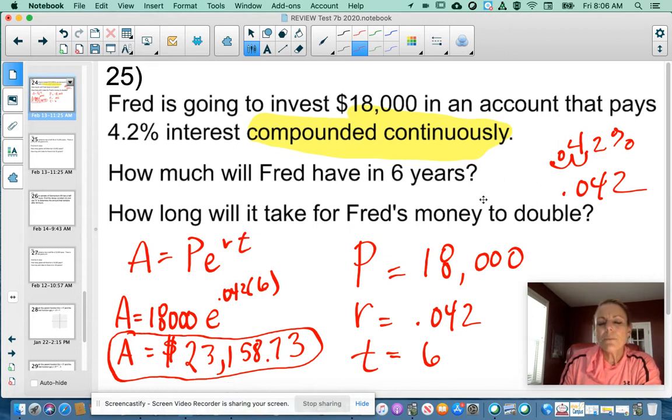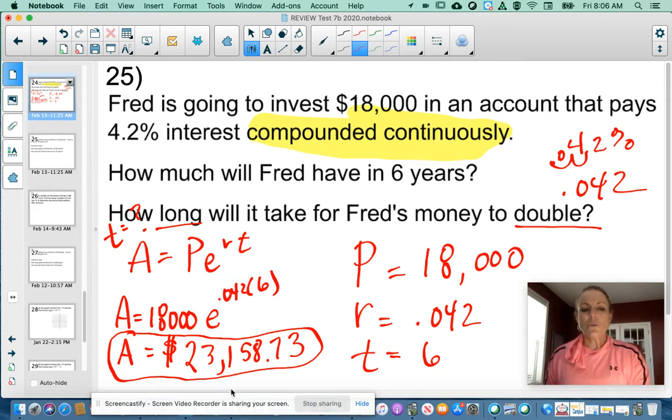The second part of the problem is a little more tricky because we're solving for how long will it take for Fred's money to double. So we're solving for T. And I'm going to show you 2 ways to do part 2. One way, algebraically. And another way, we're going to check our answer by using our calculator.